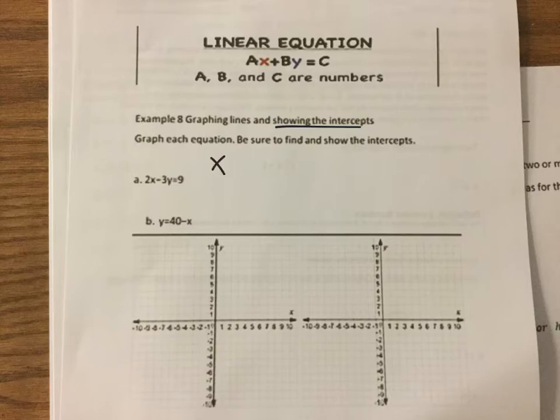So you plug in any 2 numbers, right? I want to find the x-intercept and the y-intercept. Now, what do we know is true of any x-intercept? The y is 0. On every single x-intercept you'll ever have, the y value is 0.